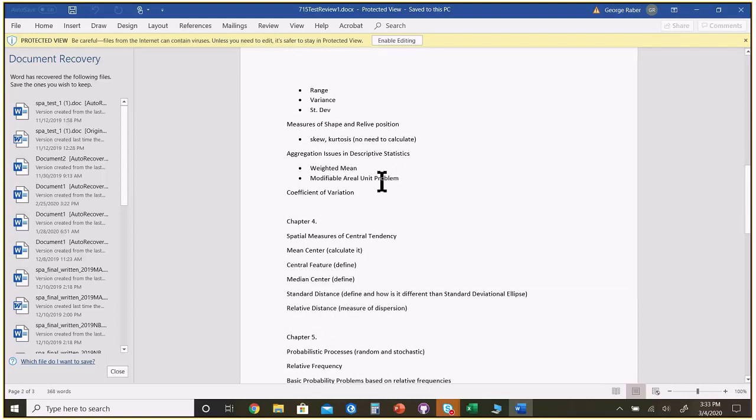But the modifiable area unit problem means that how we aggregate our data can determine the answers that we get for things like weighted means, because if we chop up our data differently, we could get a different value for what the mean value is. The Electoral College is a great example of the modifiable area unit problem.